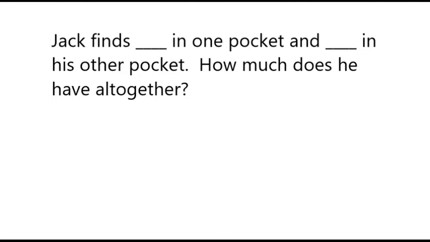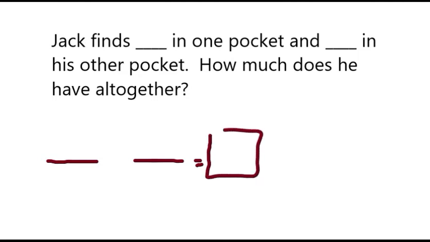So we're going to put a blank here to represent what he found in his first pocket. And we're going to do another blank here to represent what he found in the other pocket. And of course, we're going to have an equal sign, and we're going to have our box right here to indicate our answer.